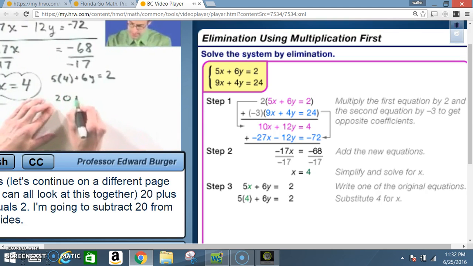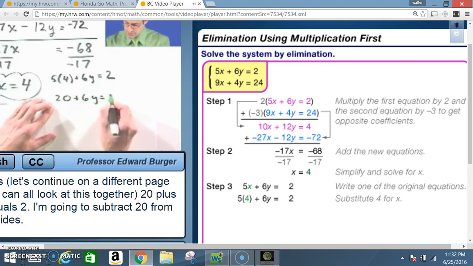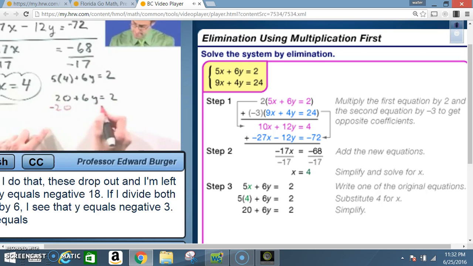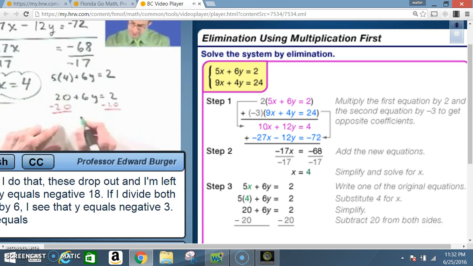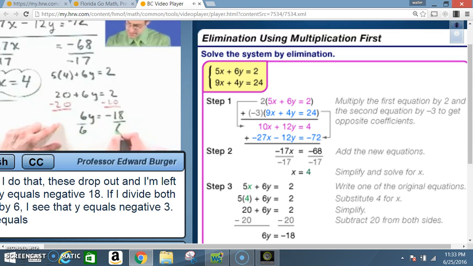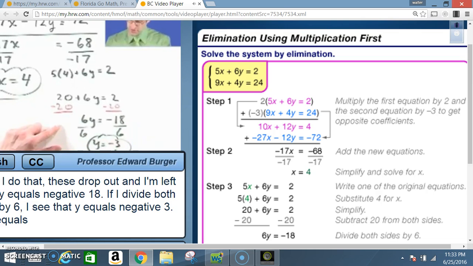I see 20 plus 6y equals 2. I'm going to subtract 20 from both sides. And when I do that, these drop out. I'm left with 6y equals negative 18. And if I divide both sides by 6, I see that y equals negative 3. So y equals negative 3.